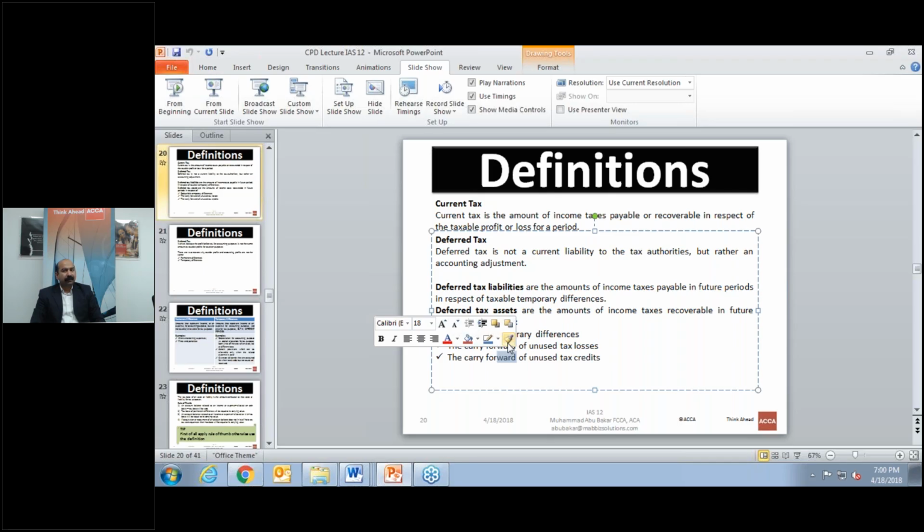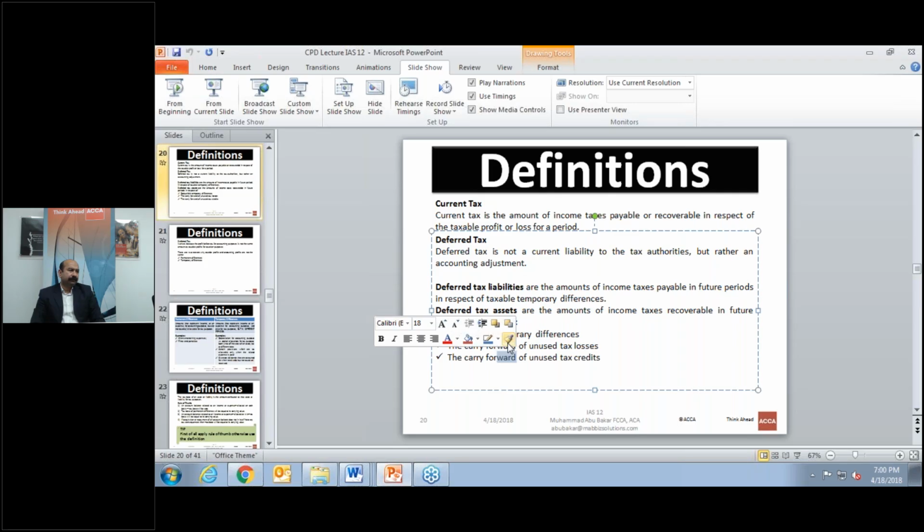You are right. Okay, how can we account for these permanent differences? Simply, this will not result in any deferred tax. This will not create any deferred tax. Simple. No other treatment.